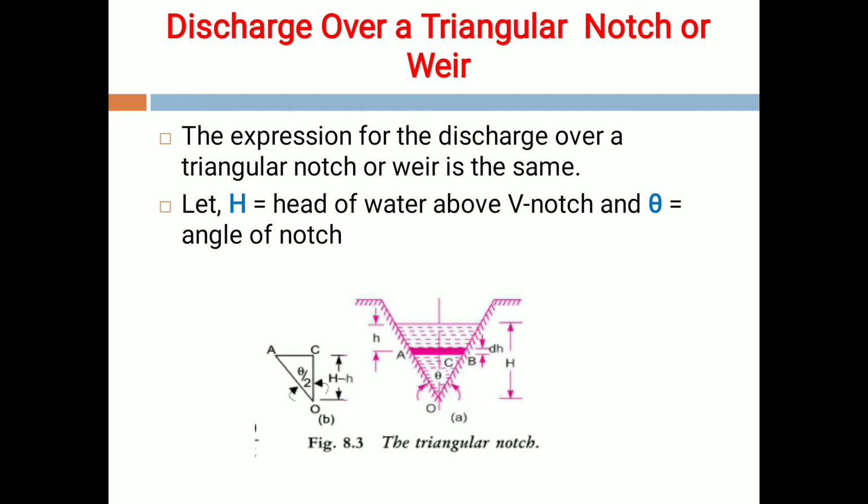So, let us consider H as the head of water above the V notch. You can see in the figure, and theta is the angle of notch. Consider a horizontal strip of water of thickness dh.